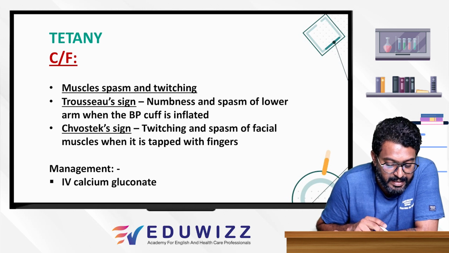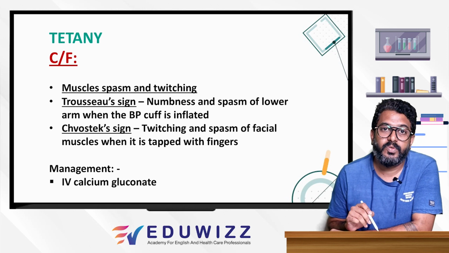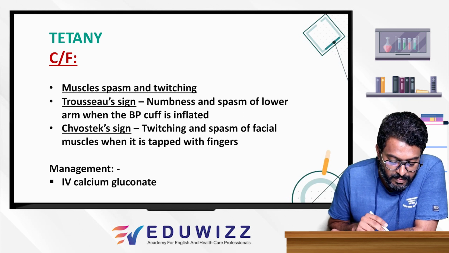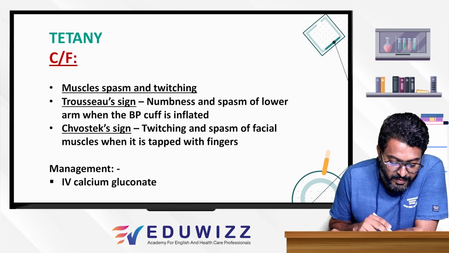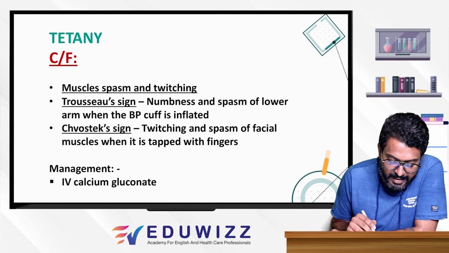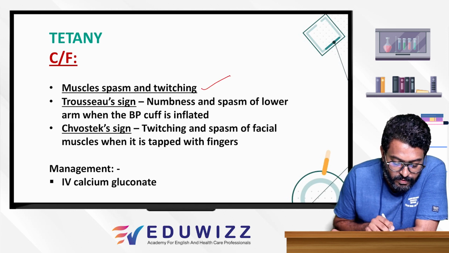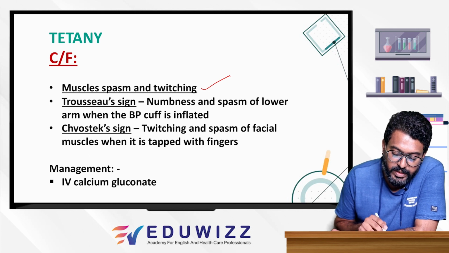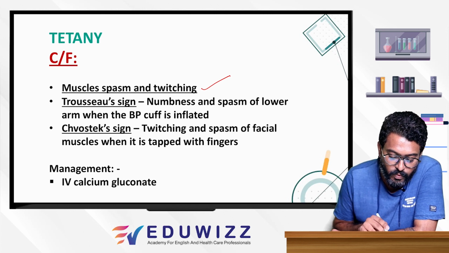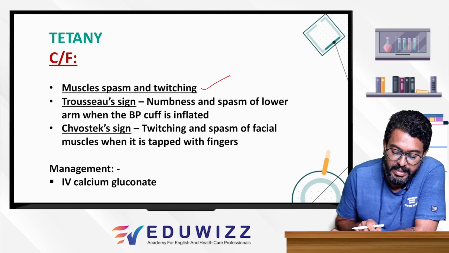Okay, so clinical features of tetany, this is an important area. The clinical features of tetany are muscle spasm and twitching. Second is Trousseau's sign. Third is Chvostek's sign. Trousseau's sign is the numbness and spasm of the lower arm when the BP cuff is inflated.